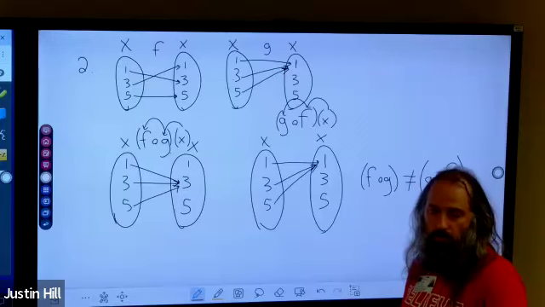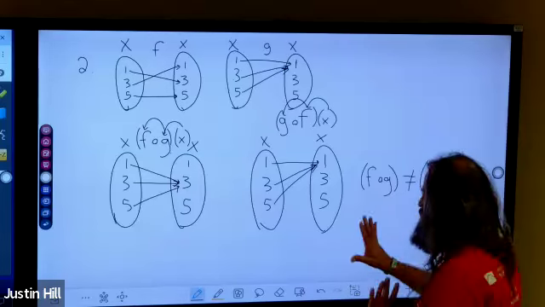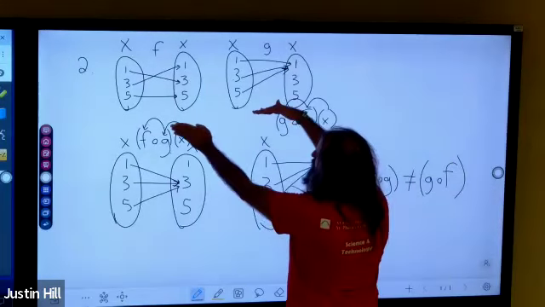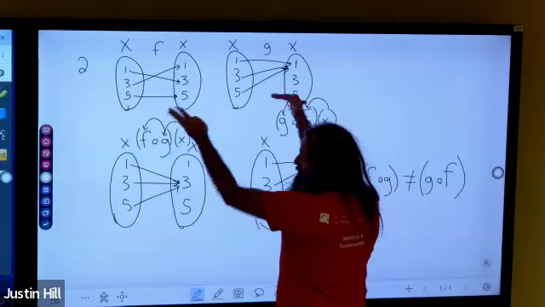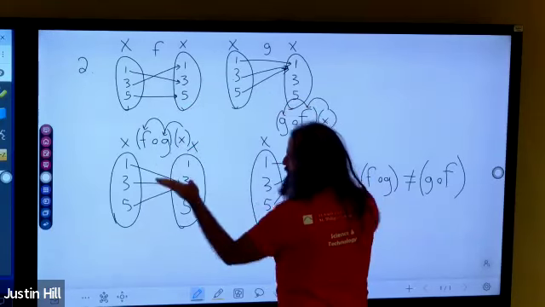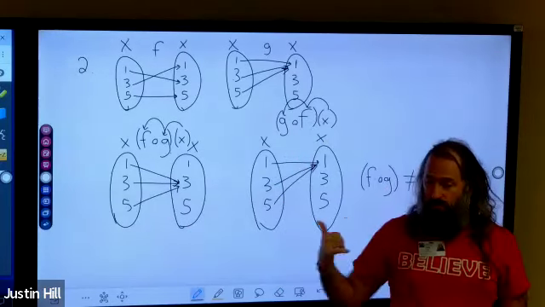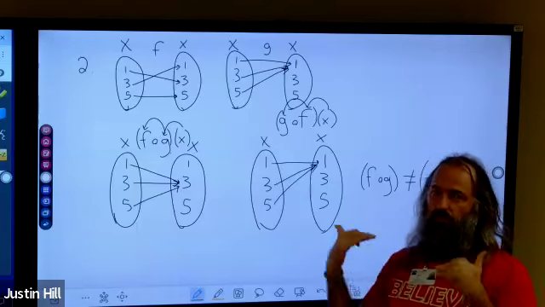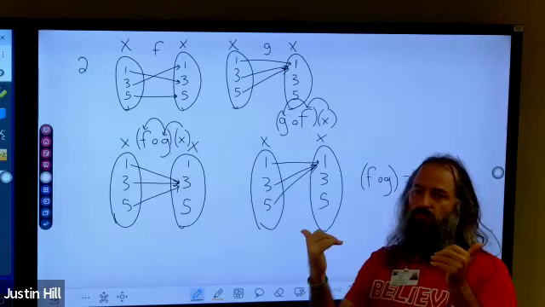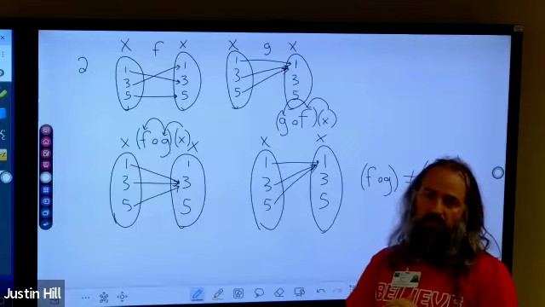So here we wanted to compose these. And so on 2, if I give you arrow diagrams as functions, the arrow diagrams are useful for getting your answers, but really that's also giving you the tip that you want to give your answer as an arrow diagram. So then on 3, if I give you your functions as equations, then you want to give your answer as an equation.